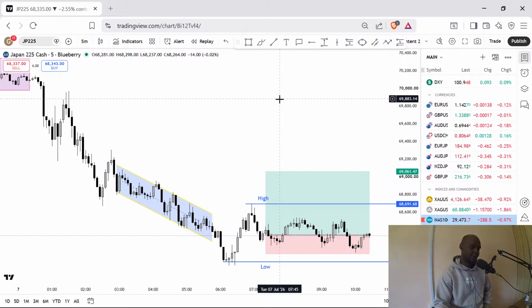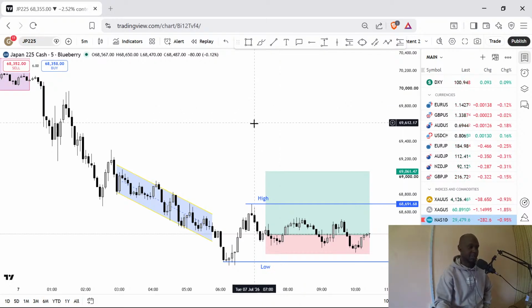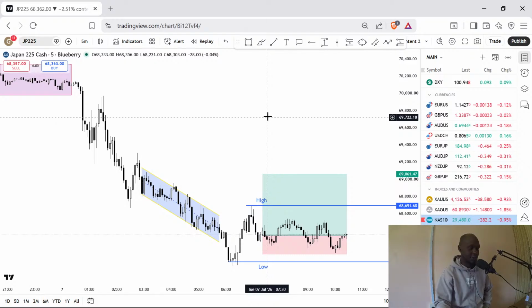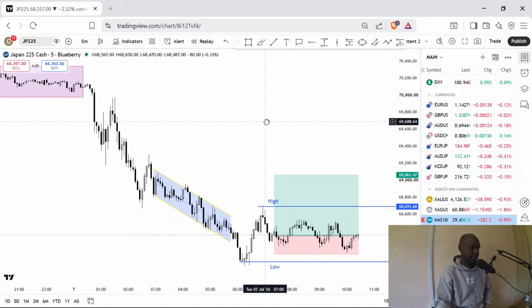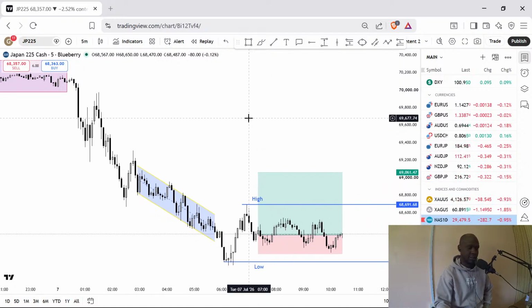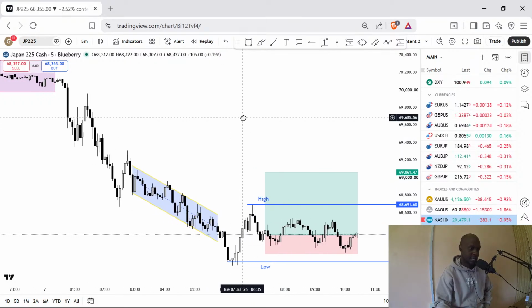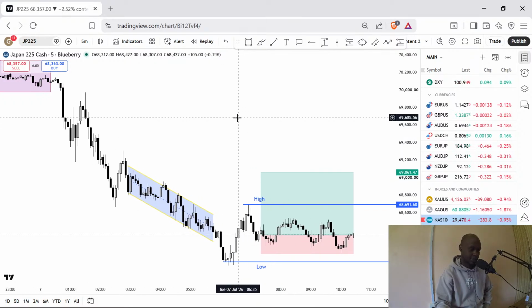The good thing about the launch of the Discord community is, in situations like this, where the trade is just hovering around my entry, I would be able to end the stream and update you guys on the progress of the trade in the Discord.